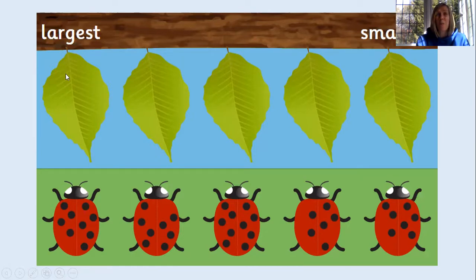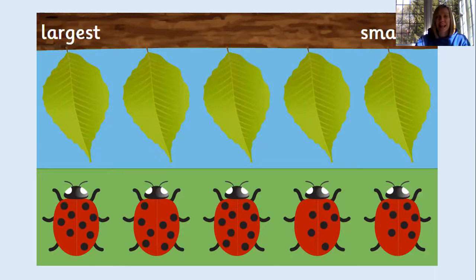So this time, your biggest number is going to go at the start and you will work your way down to the smallest number for the leaf at the end. So this time, count up the spots and then have a go at ordering the largest number to the smallest number. Pause the video here and have a go to see if you could order the ladybirds correctly.